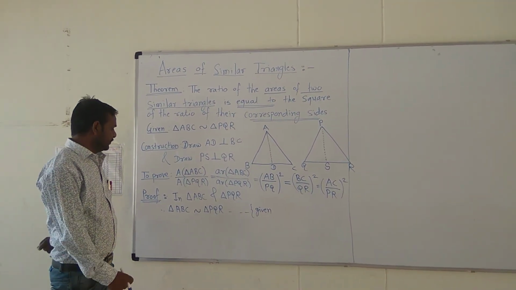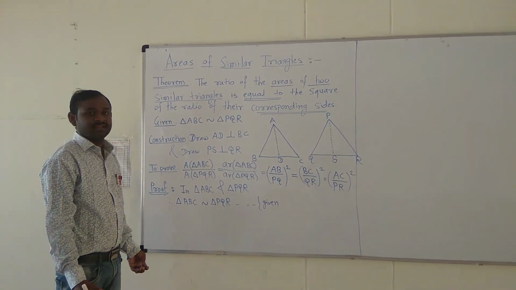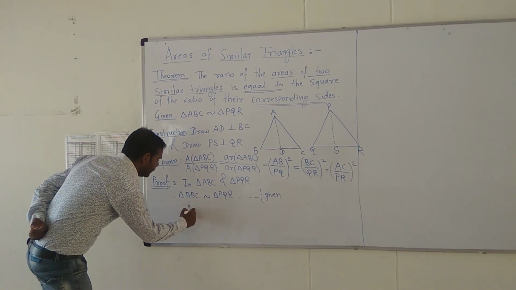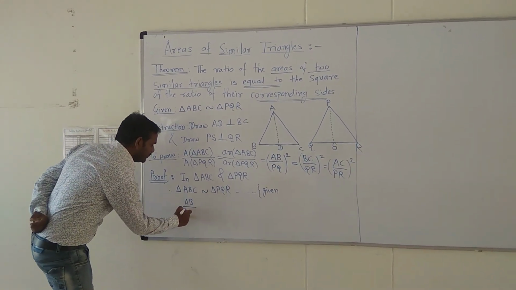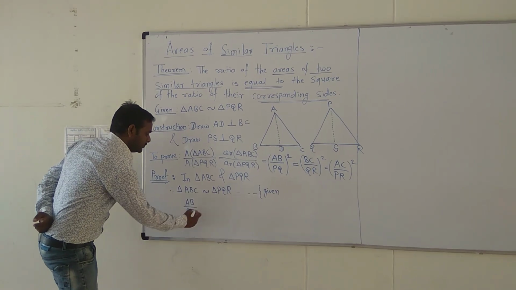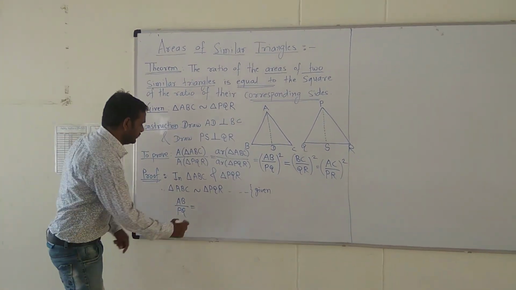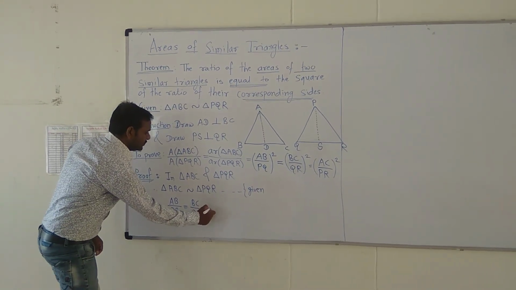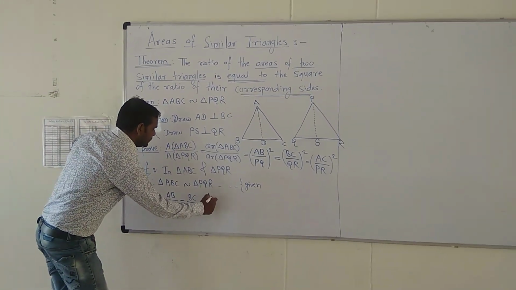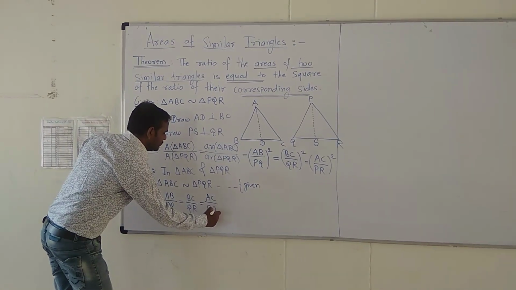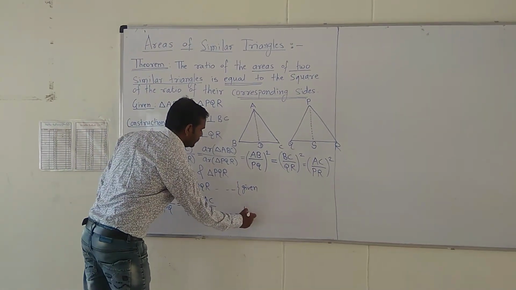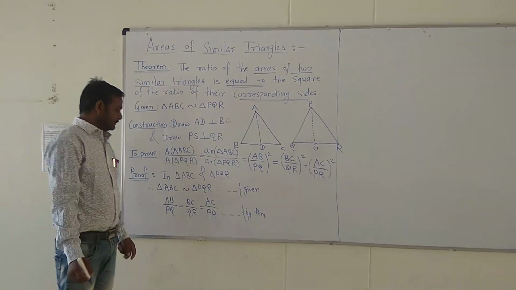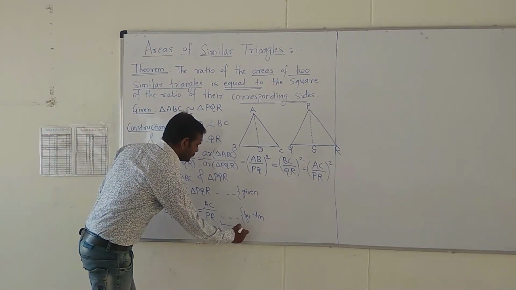Now we know that if two triangles are similar, then their sides are in the ratio. So AB upon PQ equals BC upon QR equals AC upon PR, by the theorem or criterion. Equation number 1.